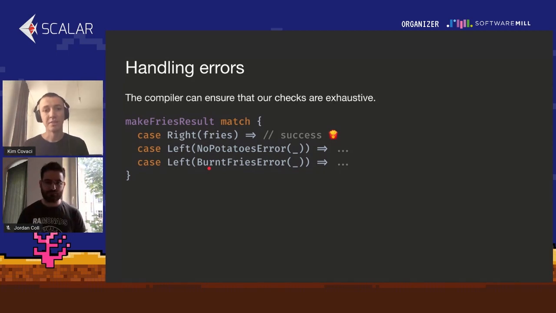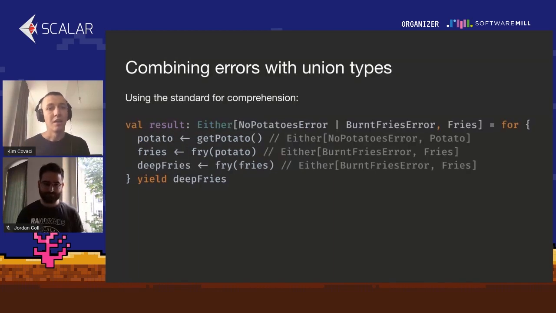On the other hand, you don't need to deal with errors that are not defined in the union here, contrary to common supertypes when we use Scala 2. How do we combine such things? If we have a couple of methods that return Either with errors, we actually can use a standard for comprehension with this type hint that we desire to see a union type on the left side.